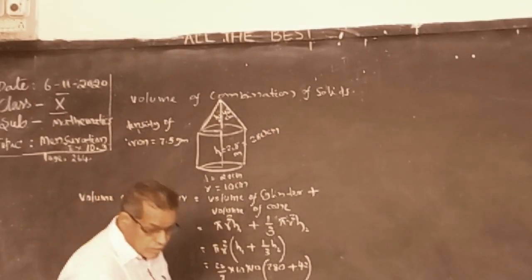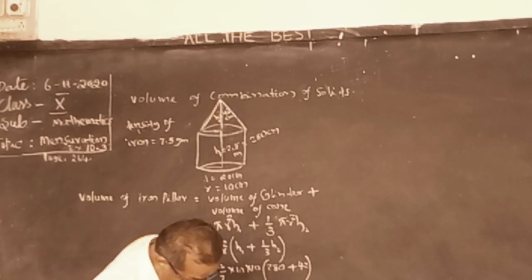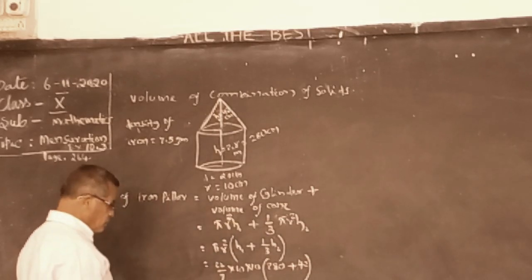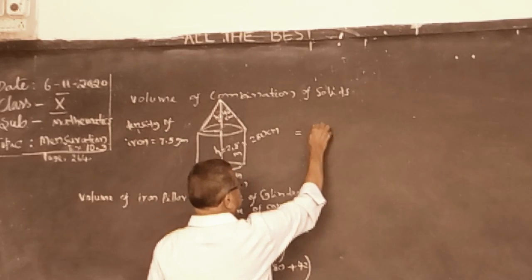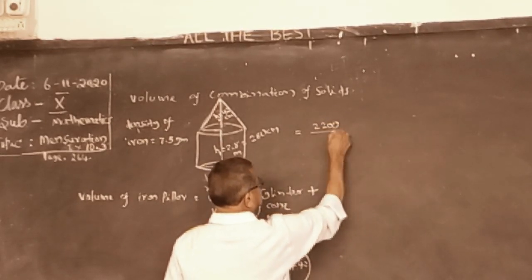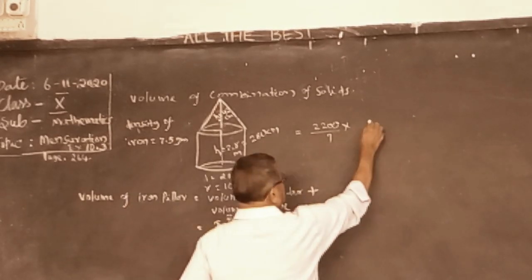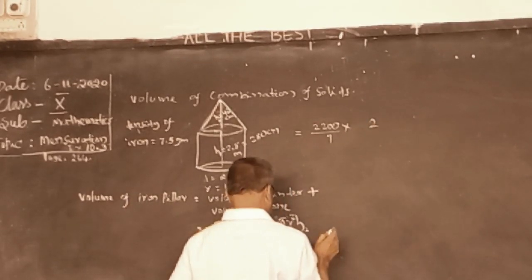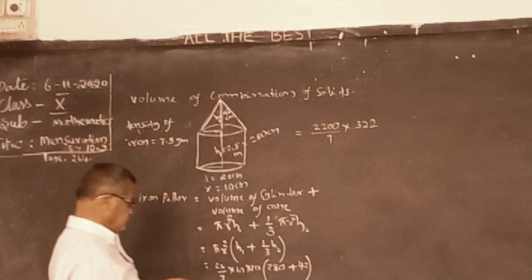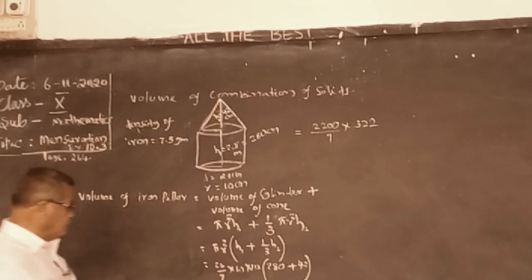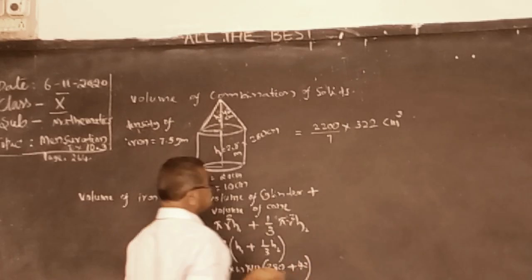Now, pi value is not given, we have to use this one. 22 into 100, 2200/7 into 322.